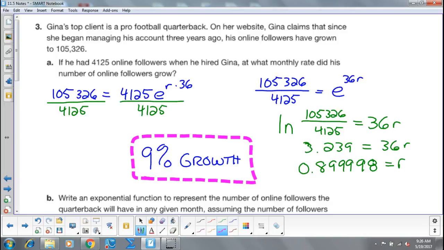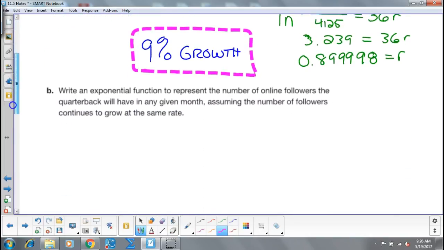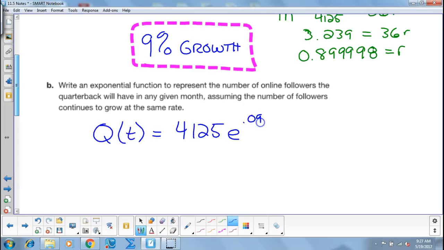Okay. Write an exponential function now to represent the online followers of any given month, assuming the number of followers continue to grow at the same rate. So then that would be, we'll say Q of t is going to equal 4125 e to the 0.09t power.